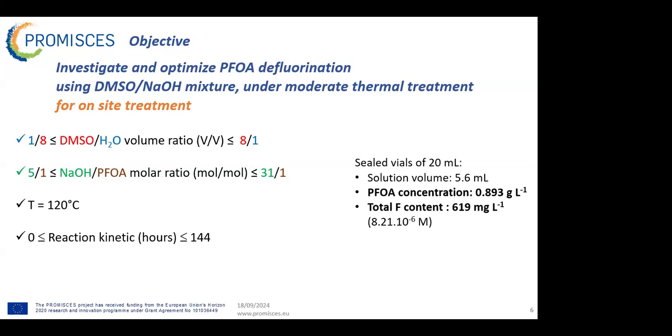Experiments were conducted in vials of 20 milliliters. We used 5.6 milliliters of solution in total, and the total concentration of PFOA was 0.893 grams per liter, and the total F content was 690 milligrams per liter.